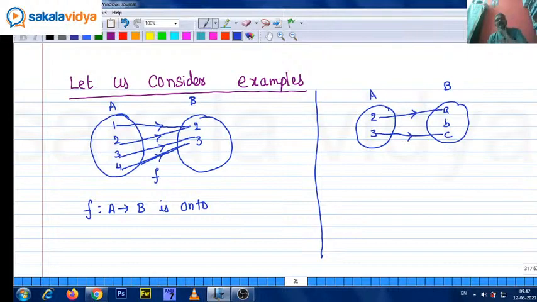Now here the range is a, c, which is a subset of B. Now it is not an onto function, it is said to be an into function. For example, say this is h: A to B is not an onto function.